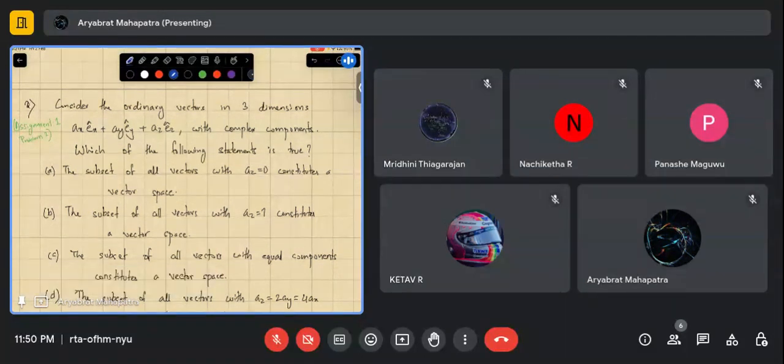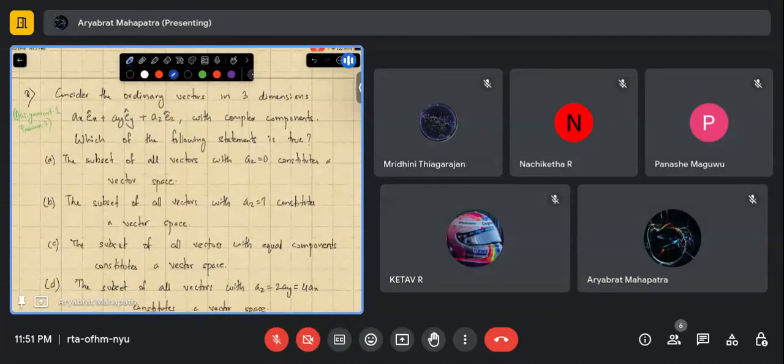Vector spaces claim to be vector spaces because they follow certain axioms or properties. Based on that, we used to prove how they construct a vector space. So here we have to do the same thing.